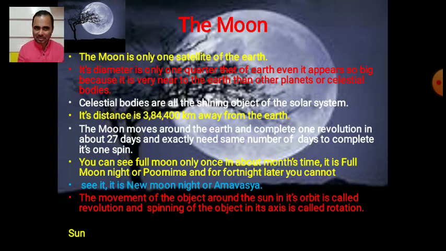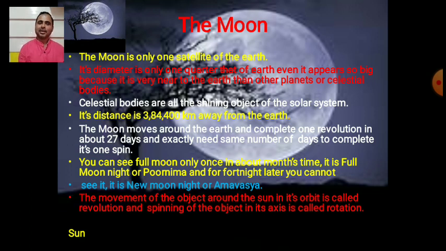People have many beliefs about those particular days. Nowadays scientists are also trying to make people understand the significance of the full moon night. And about fourteen nights later, you cannot see the moon again, there will be complete darkness, yes or no? That is called Amavasya.